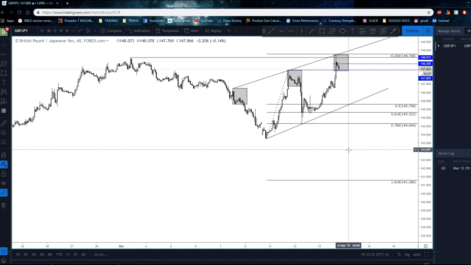Because everything's algorithm, everything's mathematical these days. Big banks are trading, algorithms are trading, computers, robotic trading platforms, or whatever you want to call it, expert advisors, I think is the technical term. So everything's mathematical and based off of measured moves, and these patterns pop up all the time. I see them all the time.